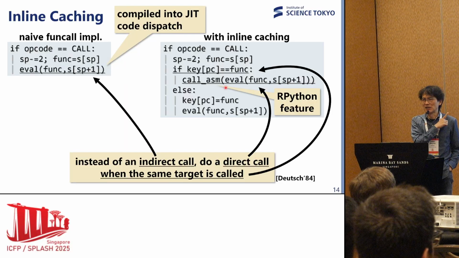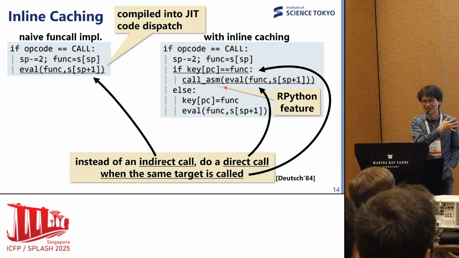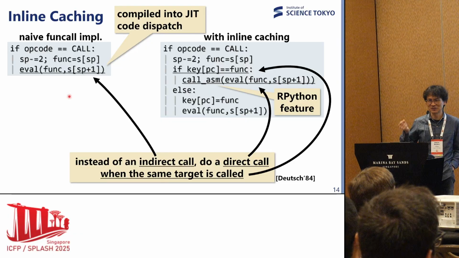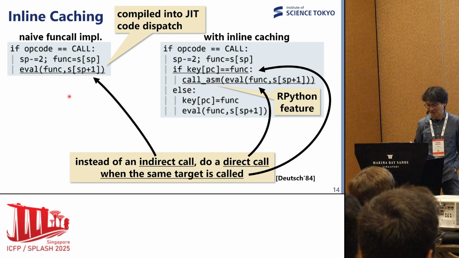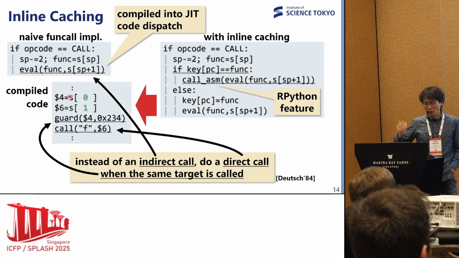This is also an interpreter definition. So if we just interpret it, the interpreter execution does exactly the same as the original execution, just by recording and checking. But if RPython actually traces and compiles, then we get this code.